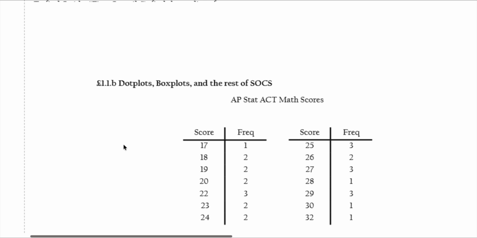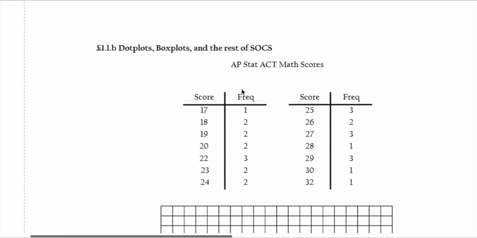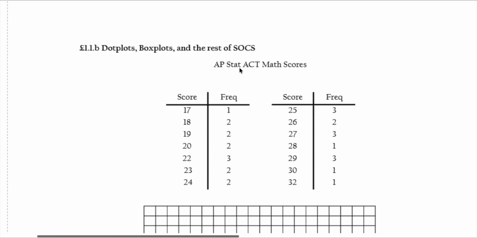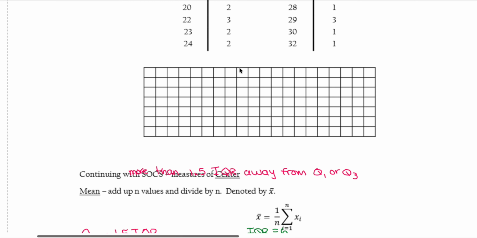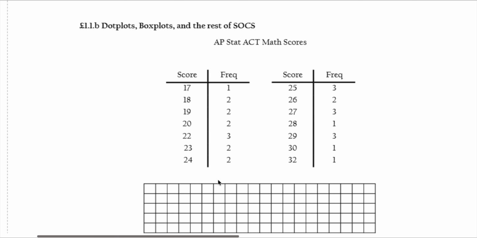Let's take a look at the dot plots, box plots, and the rest of SOCS. So again, we are just sticking with the ACT math scores scenario, and continuing with SOCS, this time we will see the measures of center. Remember SOCS, we already did the S and O, and we are going to do another C in here.